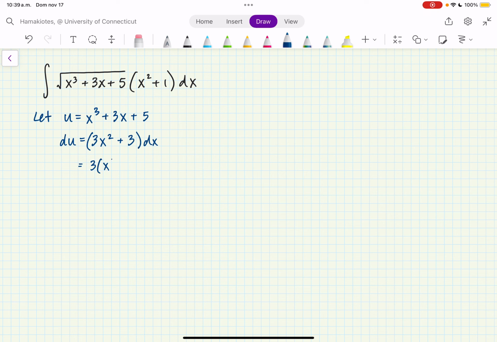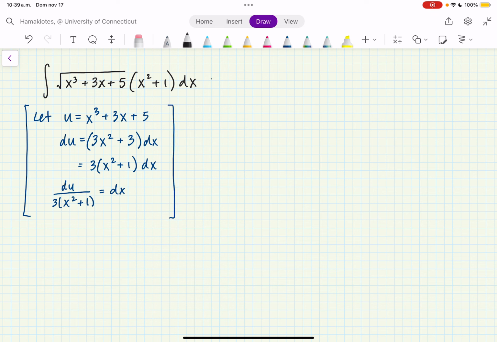So this becomes 3 times x squared plus 1 dx. Now if we want to isolate dx to be on one side by itself, then we can just divide by 3 times x squared plus 1, and get dx.